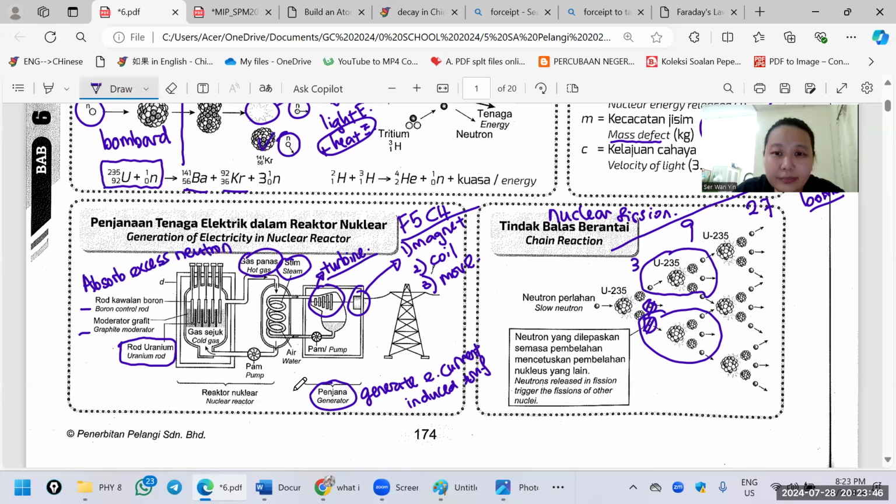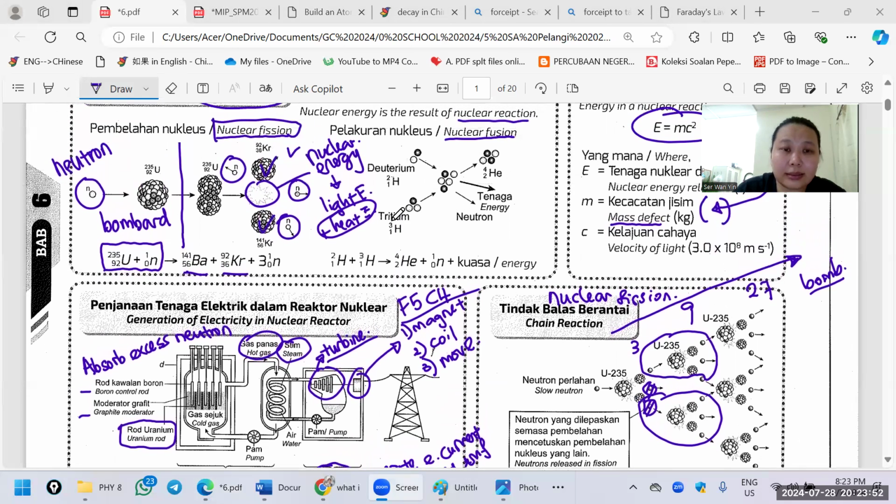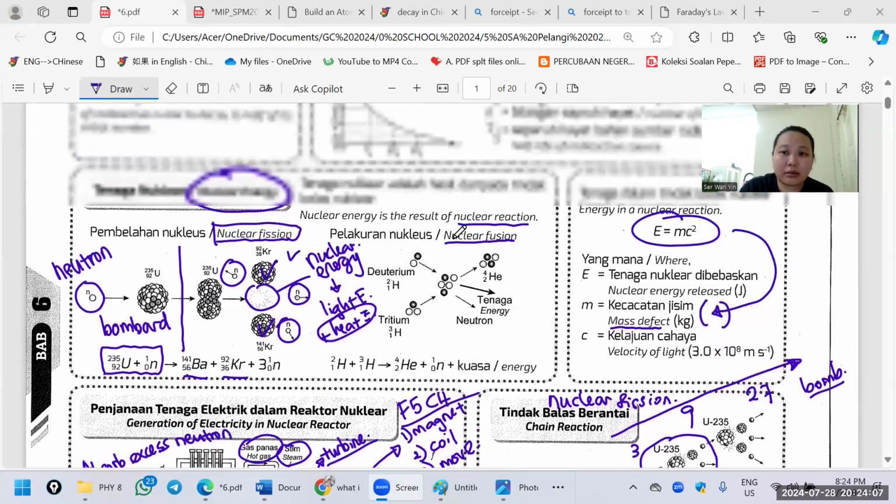Okay, can you go up a bit like that? It's a must to memorize. I'll take a screenshot. Oh, okay.